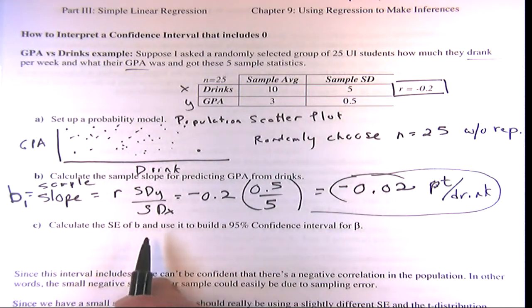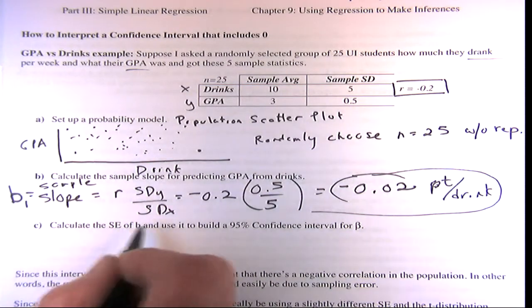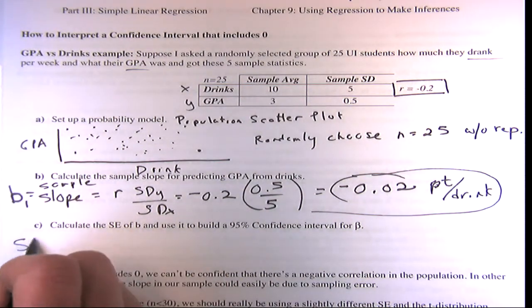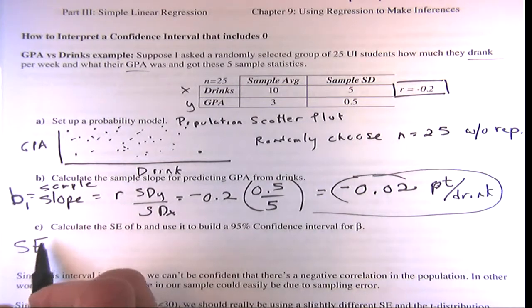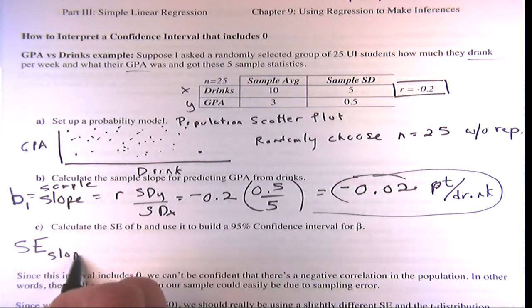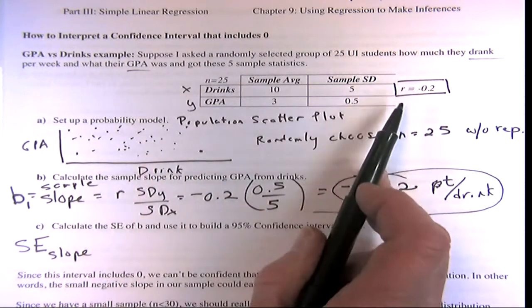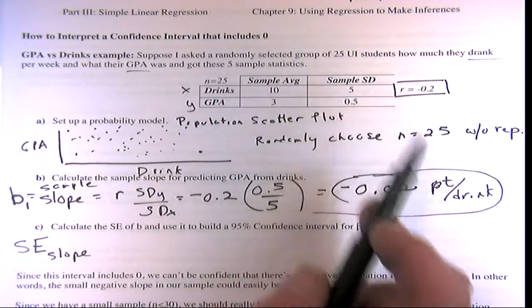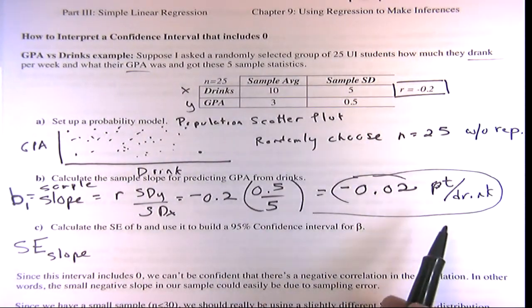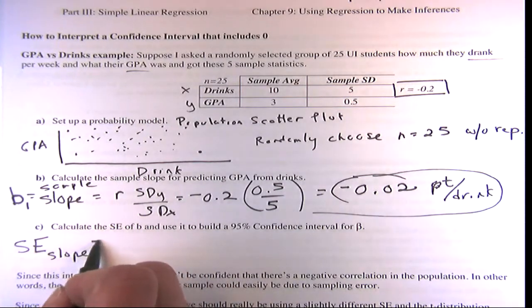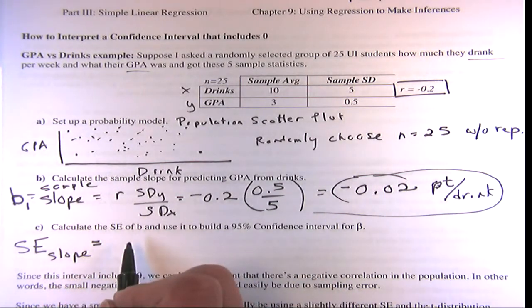All right, now calculate the standard error of the slope, of the sample slope. Think of this as sampling error. Every time you take different points from here, you're going to get different sample statistics and a different slope, right? So let's see if we can remember it and why it makes sense.